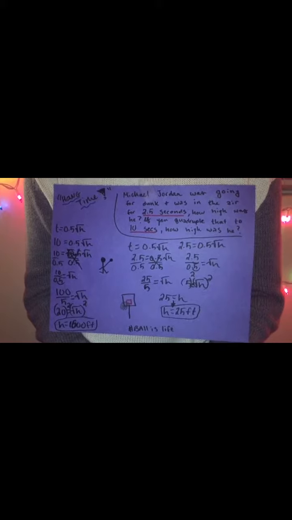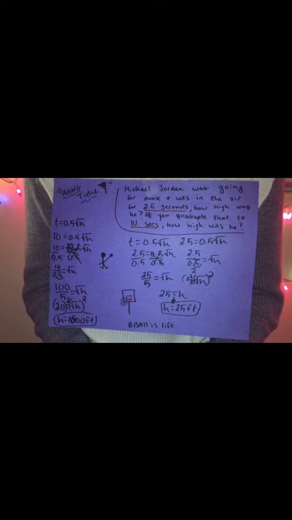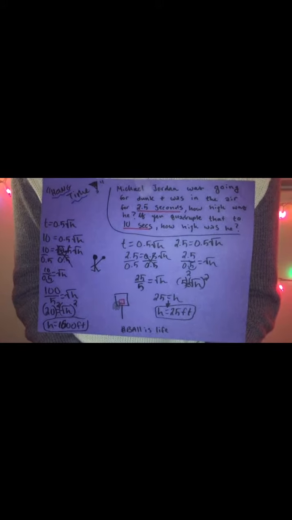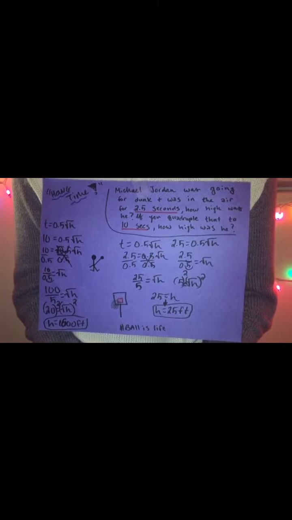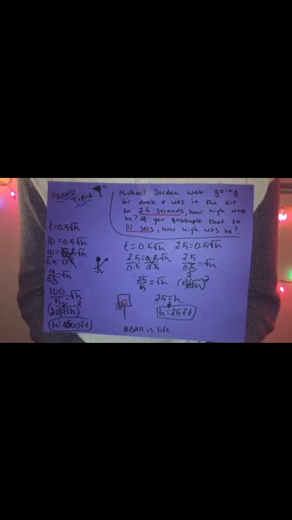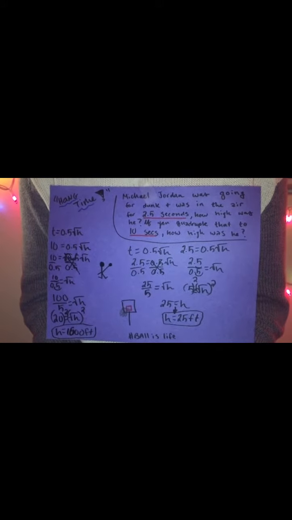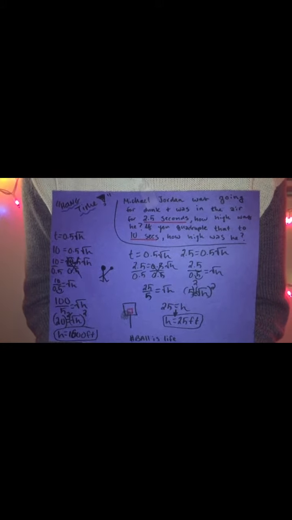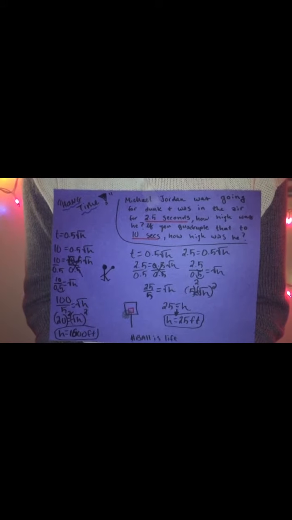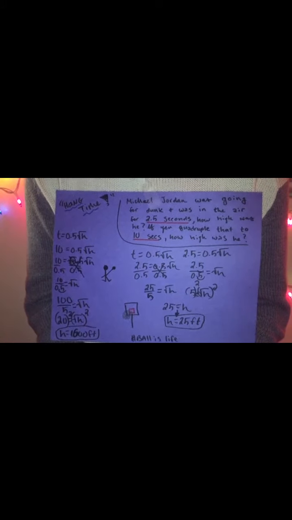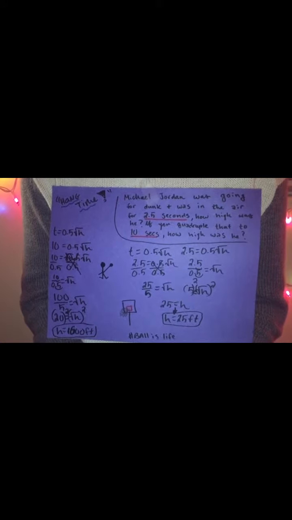So you can't divide decimals, so you move the decimal point over to the right one space and make it 25 over 5 equals the radical h. That reduces to 5 equals radical h, and to get rid of the radical, you square it, and you get 25 equals h. So he was in the air for 2.5 seconds and was 25 feet high. And when you quadruple it, you get 1,600 feet in the air.